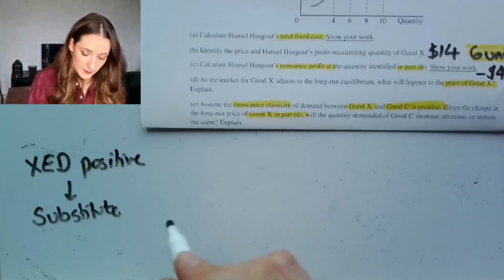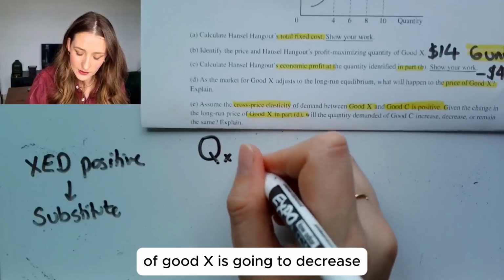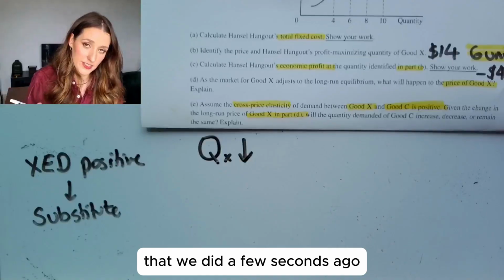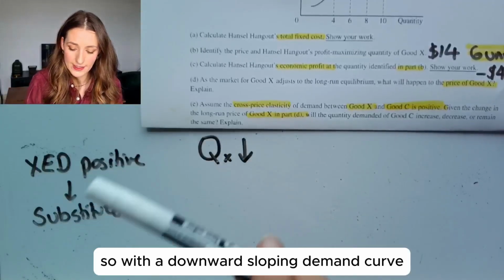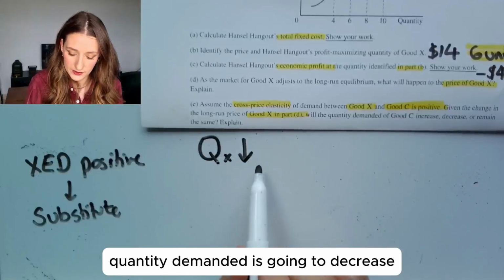Now, we know that the quantity of good X is going to decrease. We saw that on that little sketch that we did a few seconds ago, and the price of good X is also increasing. So with a downward sloping demand curve, we know that if price increases, quantity demanded is going to decrease.